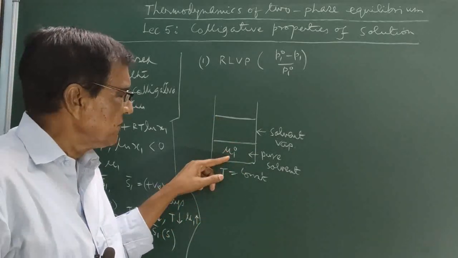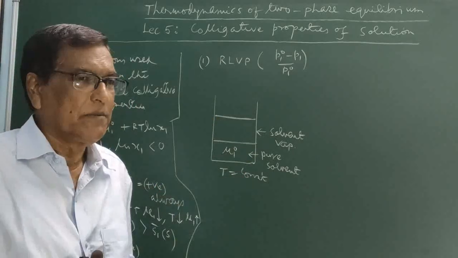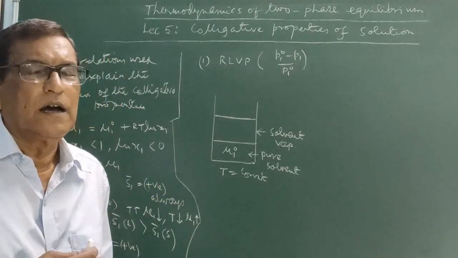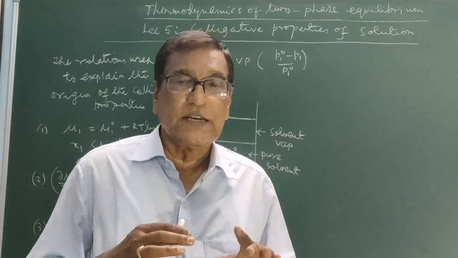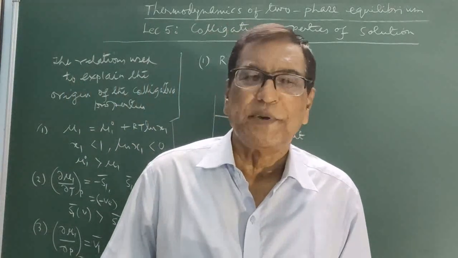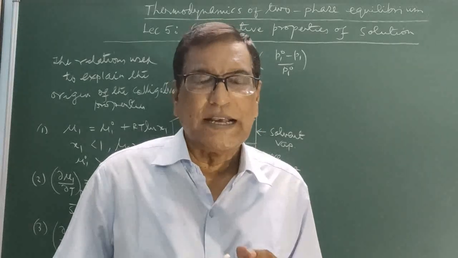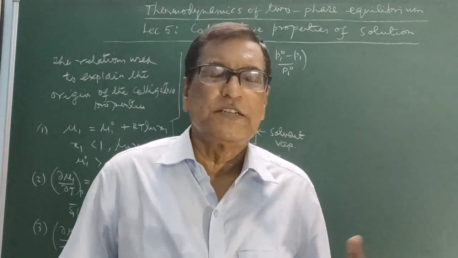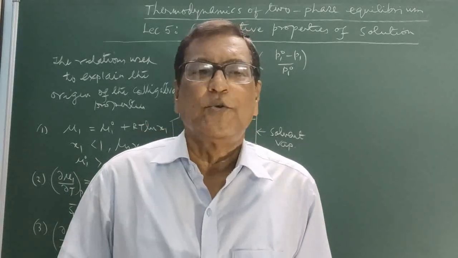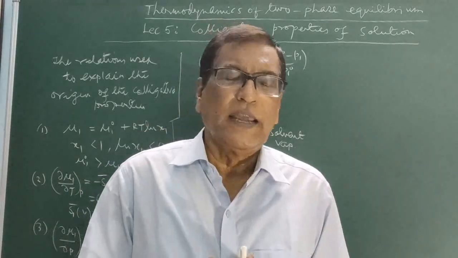This is the existing phase and this is the phase available. So this is the definition or physical significance of this chemical potential. Chemical potential also measures the escaping tendency of the substance to the state which is nearby available.